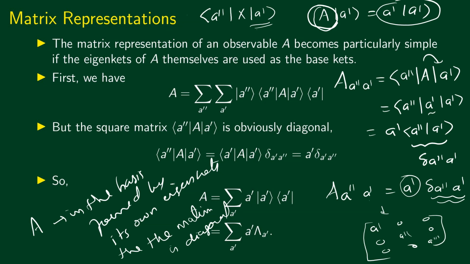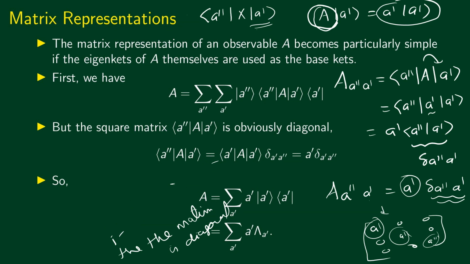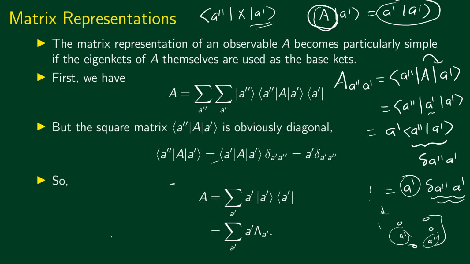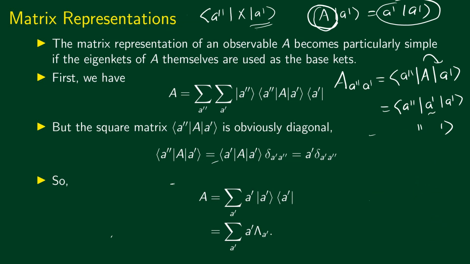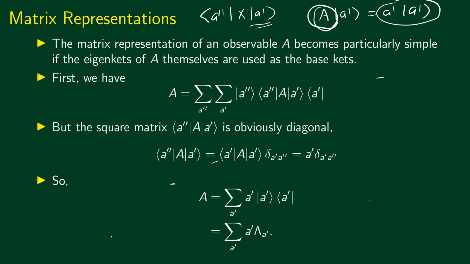And what are the elements of this diagonal matrix? The elements of the diagonal matrix are the eigenvalues of operator A. So this gives us a way to represent operator A as a diagonal matrix. So Hermitian operators can be represented as a diagonal matrix if we choose their own eigenkets as the basis.